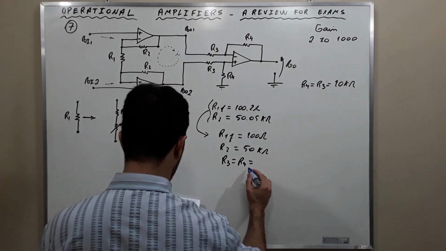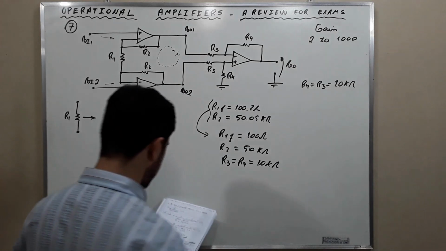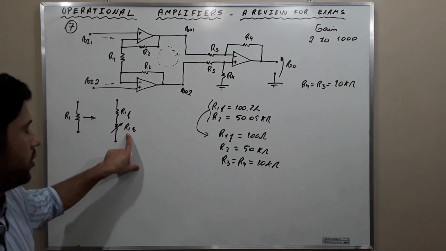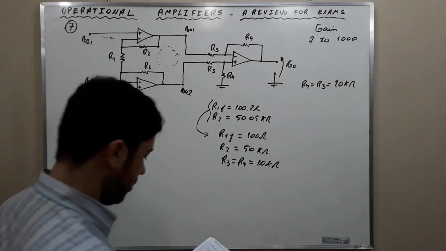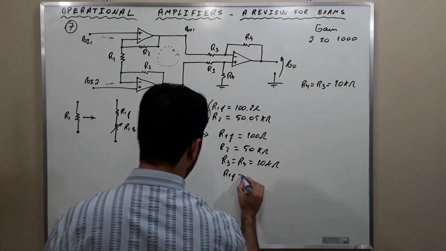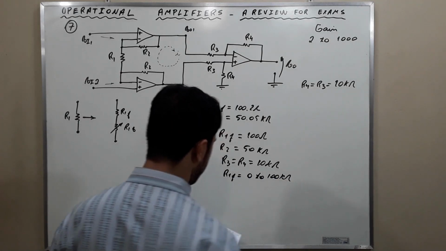We have already said that, 10 kilo ohms. And the potentiometer that we're going to use in the place of R1 for R1V is 0 to 100 kilo ohms.